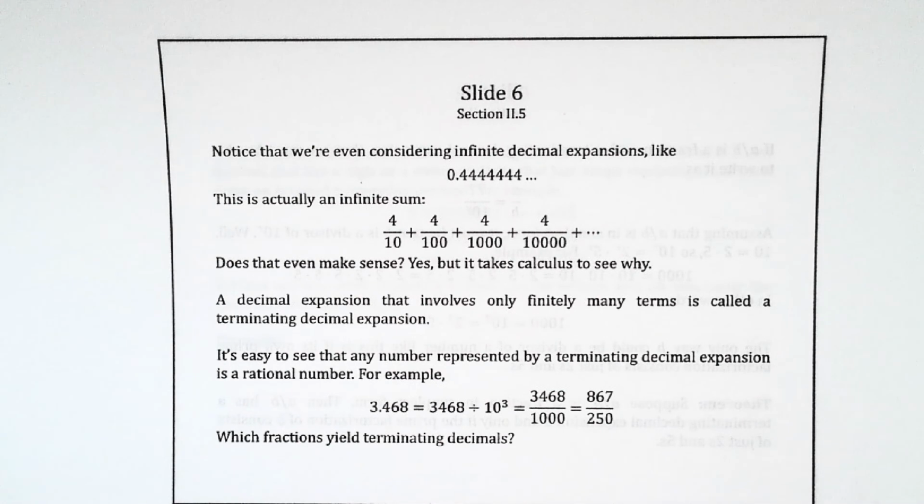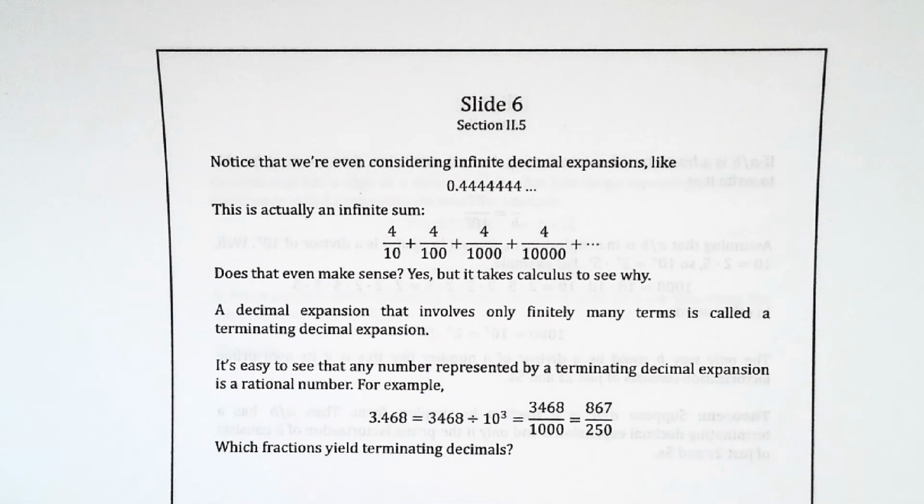So I could just use the division by powers of 10 rule. So for example, 3.468, well, that's 3,468 over 1,000. And that's a fraction. Right? So any terminating decimal I can write as a fraction.